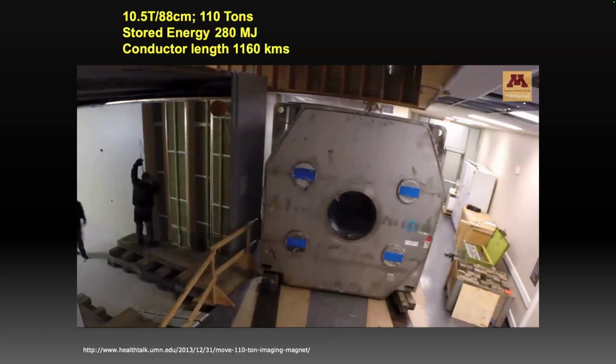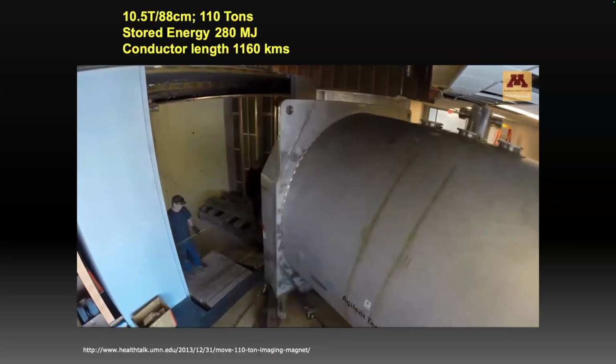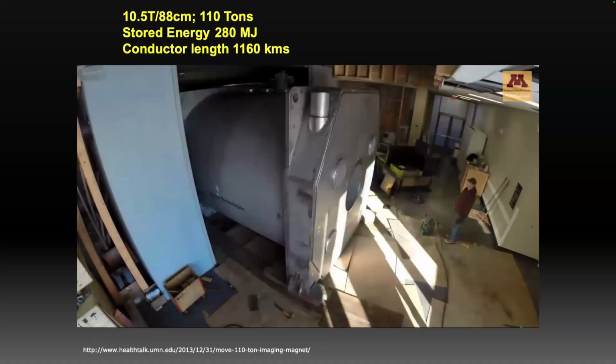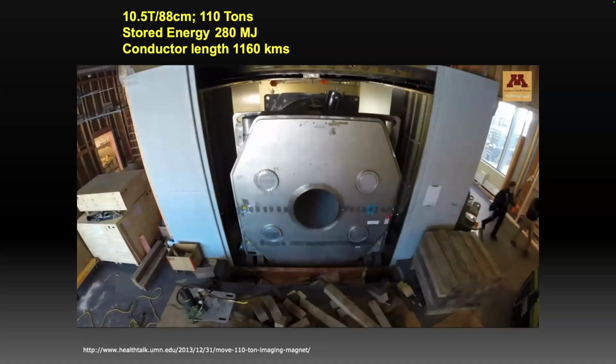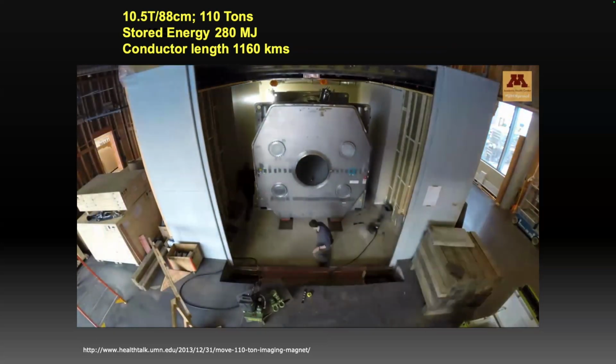Now we are pushing to higher fields. 7 Tesla has been successful, but in some ways we are not quite satisfied because mesoscopic scale studies at 7 Tesla are still at the edge. They are low signal to noise, and they are not high enough resolution to really get a much better picture of what is happening at the mesoscopic scale.